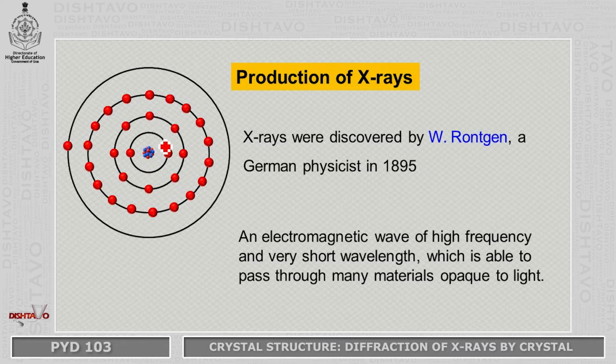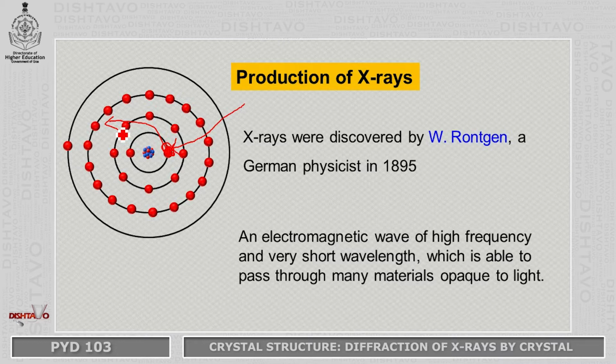So we have an atom here, and if by some way you can generate a very high energy electron which can be bombarded onto this atom, then that particular electron will give enough energy to the electron with which it is interacting, so that electron gets enough energy to move out or get knocked out of that atom.